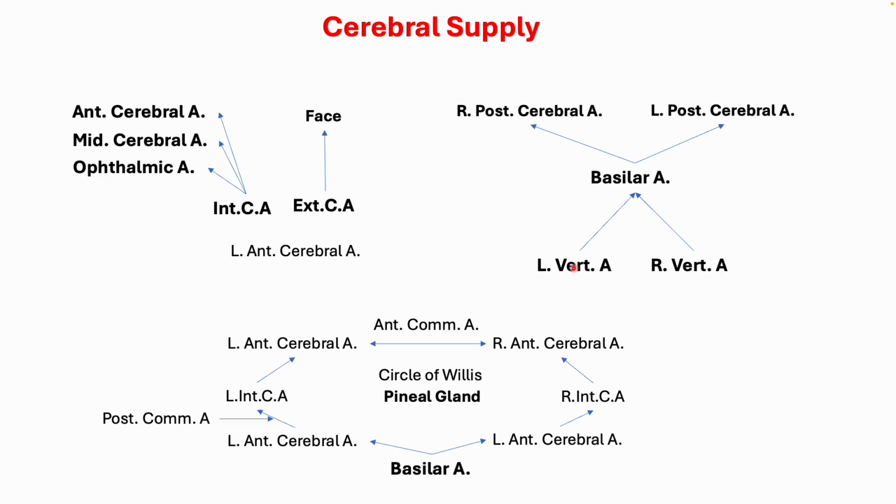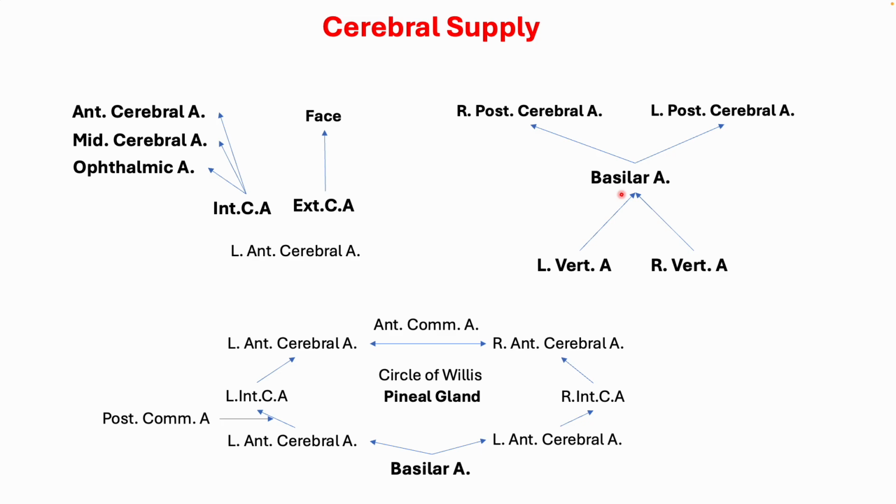Just know that your vertebral arteries will fuse together to become a basilar, and the basilar eventually branches off to left and right posterior cerebral. So as you can see, we have the anterior cerebral and posterior cerebral. Don't get confused with cerebellar, because we also have another branch that branches off right before it becomes basilar.